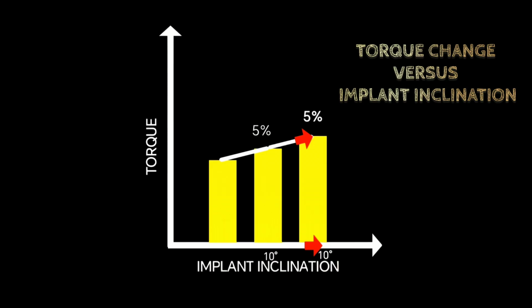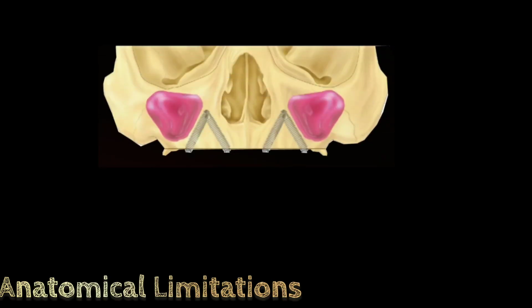Improving the implant inclination relative to occlusal load direction reduces overloading and increases clinical longevity. The treatment planning must prioritize axial orientation before implant insertion. Sometimes we have no choice. Anatomy wins.